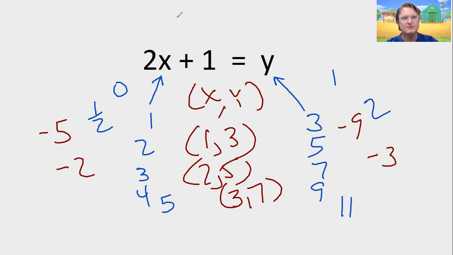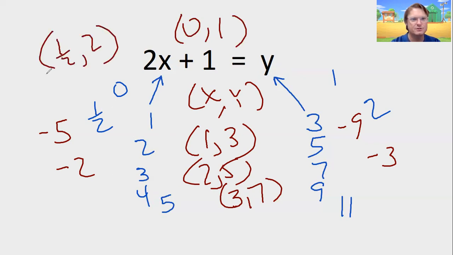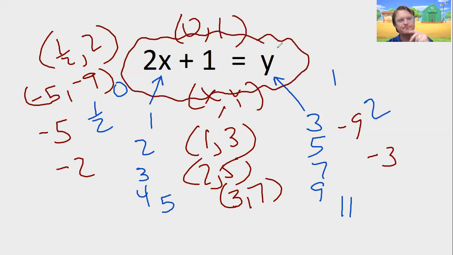You getting the idea? 0 for x, 1 for y. These are all solutions, we said. (1/2, 2). When x is -5, y is -9. So are you getting the idea? You getting where we're going with this? We are going to be solving equations on the coordinate plane. I'm going to give you an equation, usually in this form, and you are going to solve it, and you are going to take those solutions and draw them on a coordinate plane.